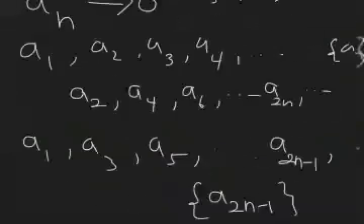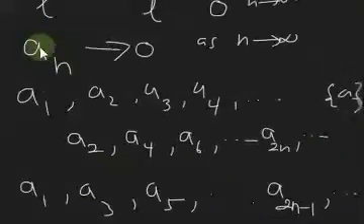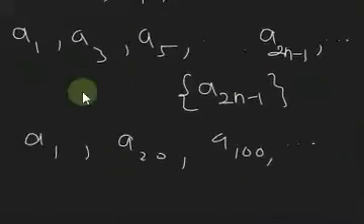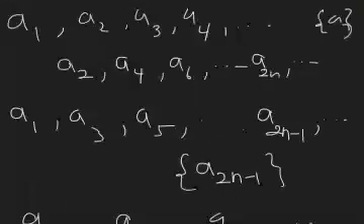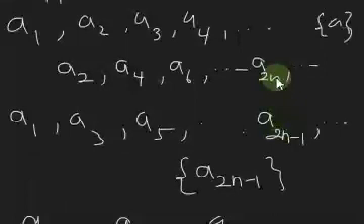So here we know that this sequence converges to 0 as n tends to infinity. That means all these subsequences converge to the same limit as the original.